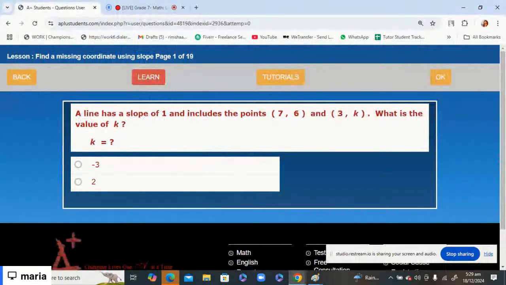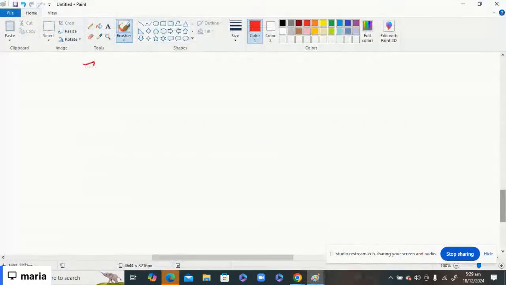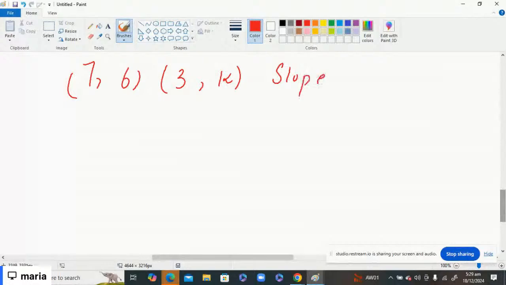A line has a slope of 1 and includes the points 7, 6 and 3, k. And the slope is 1.